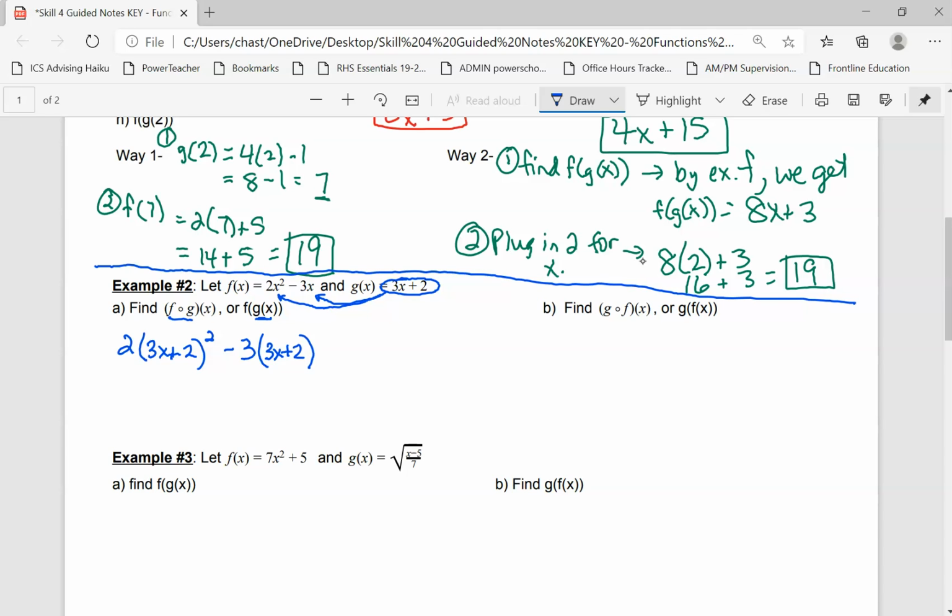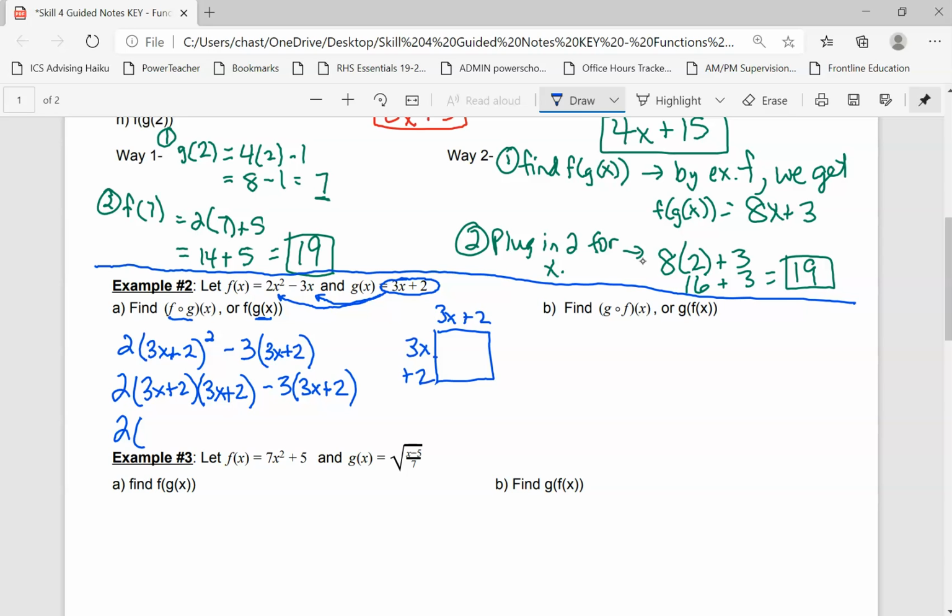All right, so when I do this, I have a square first. So what I need to do is multiply 3x plus 2 times itself. And when I look at that, hopefully we know how to multiply out 3x plus 2 times 3x plus 2.